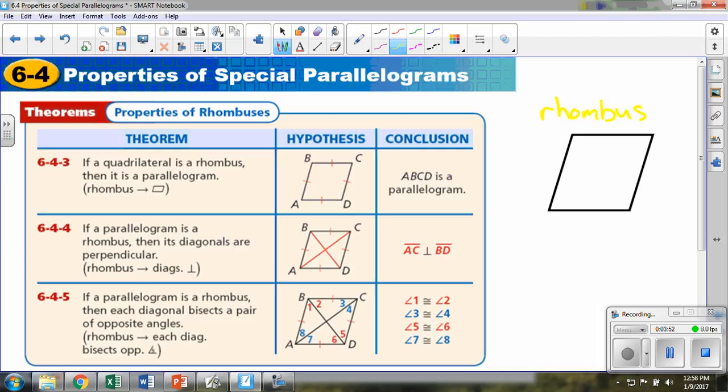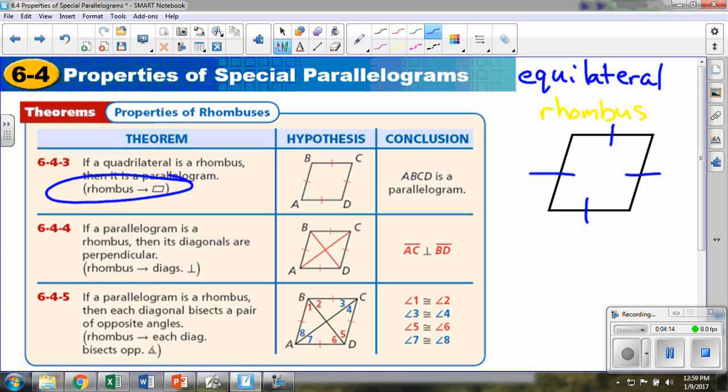And the defining characteristic for a rhombus is equilateral. All four of the sides have to be the same. Because these four sides are the same, it's going to force a lot of other things to be true. To start off with, it forces the shape to be a parallelogram. So once again, we get all of those parallelogram facts for free.